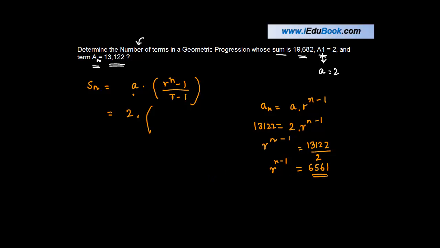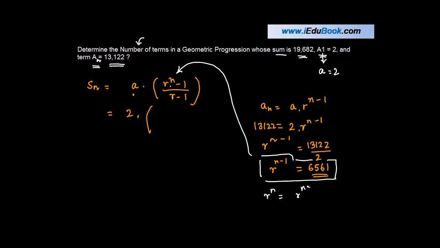Right? But now how can I use this value? Can I try and put it somewhere else? In this particular equation, what I need to find out is r to the power n. But can I write r to the power n as equal to r to the power n minus 1 into r? Why not? If you take the multiplication, this is nothing but r to the power n.